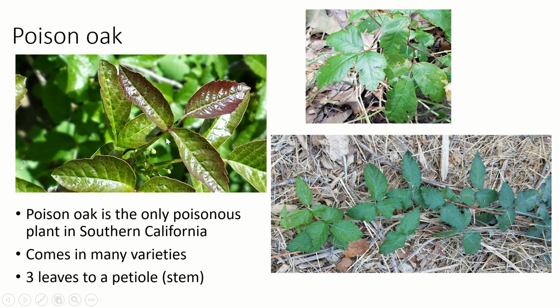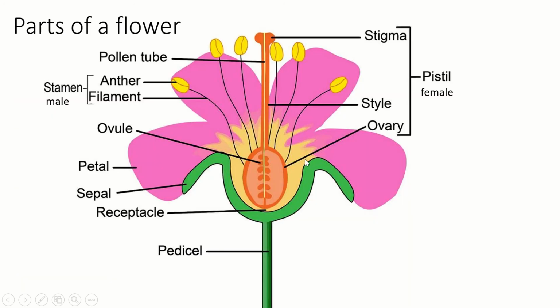So you'd have 1, 2, 3, and then another pair here and here. Poison oak has only 3 leaves. So you may have heard the phrase, leaves of 3, let it be. That is correct. It's the only plant you will find growing here that has 3 leaves growing off of one little petiole. That's this little stalk branching off of the main stem.